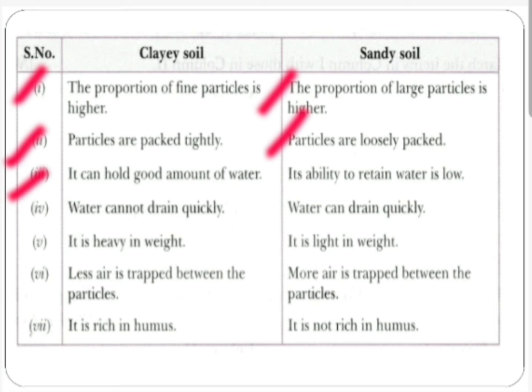Clay soil can hold a good amount of water. Sandy soil's ability to retain water is low. In clay soil, water cannot drain quickly. In sandy soil, water can drain quickly. Clay soil is heavy in weight. Sandy soil is light in weight.